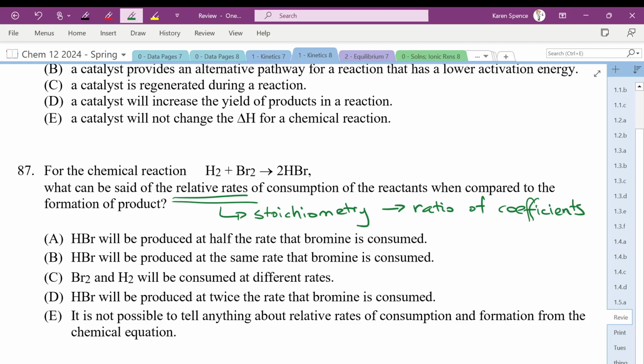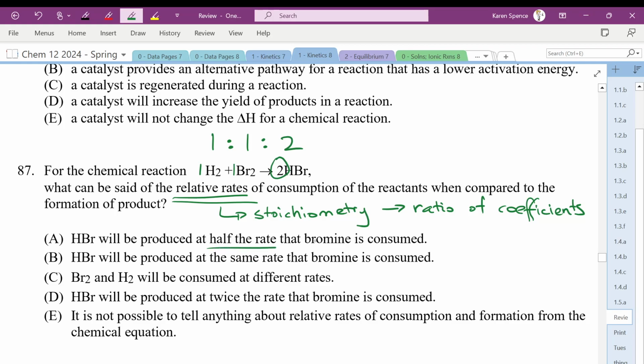So the ratio, there's a 1 and a 1 and a 2. So it is a 1 to 1 to 2 ratio. So whatever HBr should be twice as fast as H and Br. Yes? Okay. So HBr will be produced at half the rate.